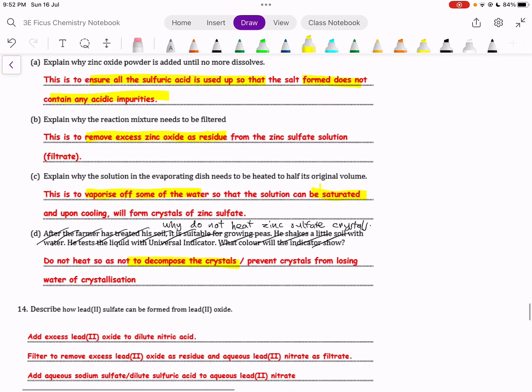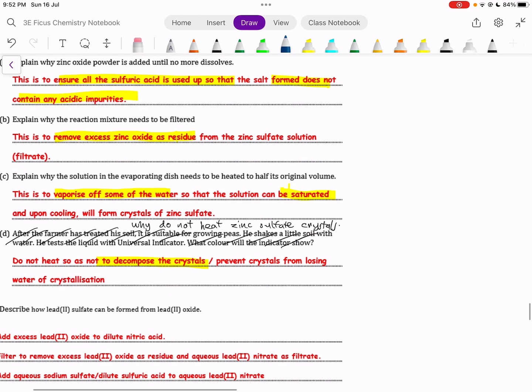Since we're on this, sometimes you may see a formula like this, dot 5H2O. That means this is hydrated crystals. They have this part, which is what we call the water of crystallization.